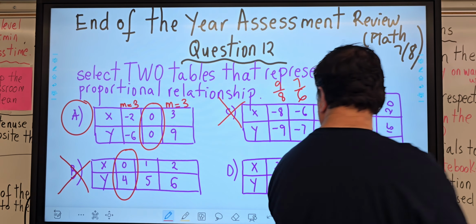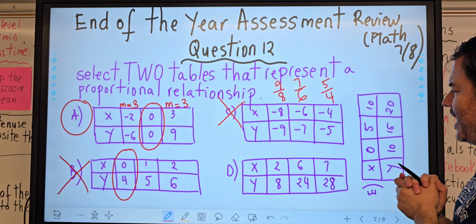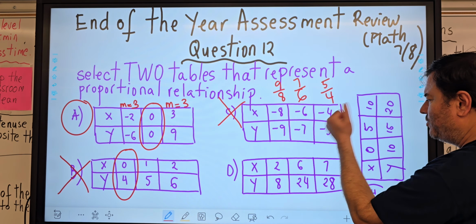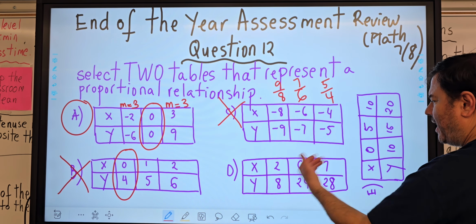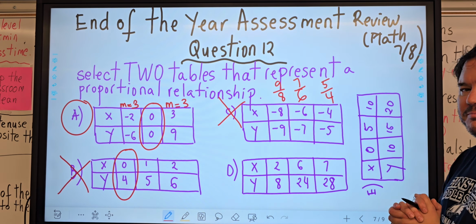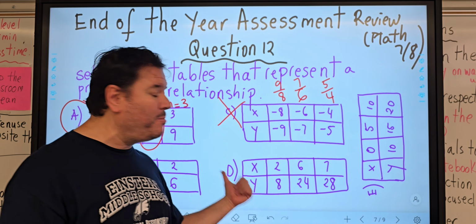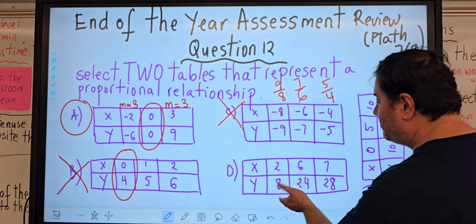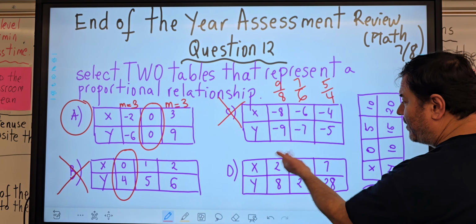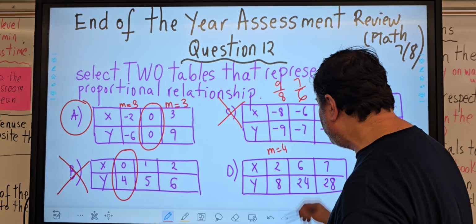Okay, let's continue with D. In this case, we have x equals 2, 6, and 7, and y equals 8, 24, and 28. We do not know for sure if this is going to pass through the origin, maybe, but let's see if we can get the unit rate. 8 divided by 2 is 4, so m equals 4 for the first one.